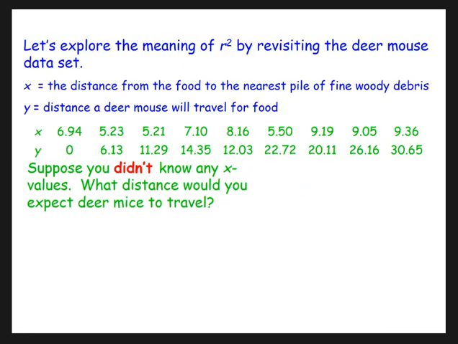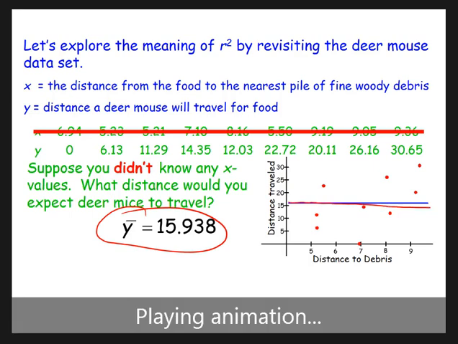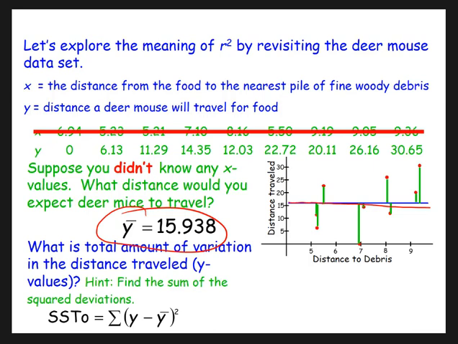So here is the distance to the food pile and the distance the deer mouse will travel for food again. Suppose you didn't know any x values, what distance would you expect the deer mice to travel? Those are all of our y values here. If we didn't know anything about the x values, the mean of the y values would be 15.938. If we drew in a line that was just the mean of the y values, that is sometimes used as a predictor.